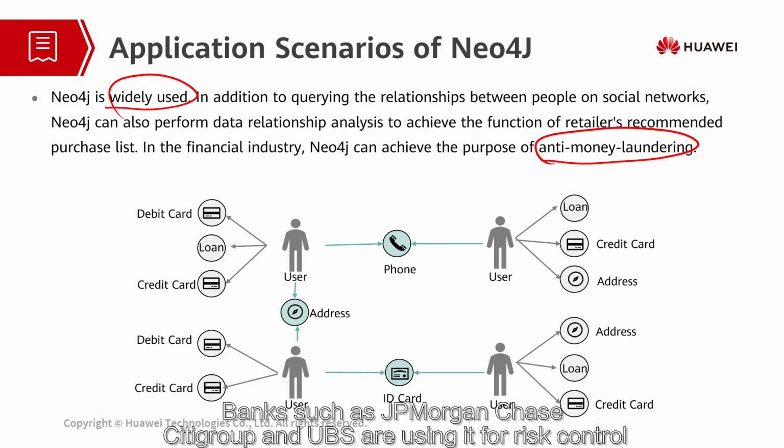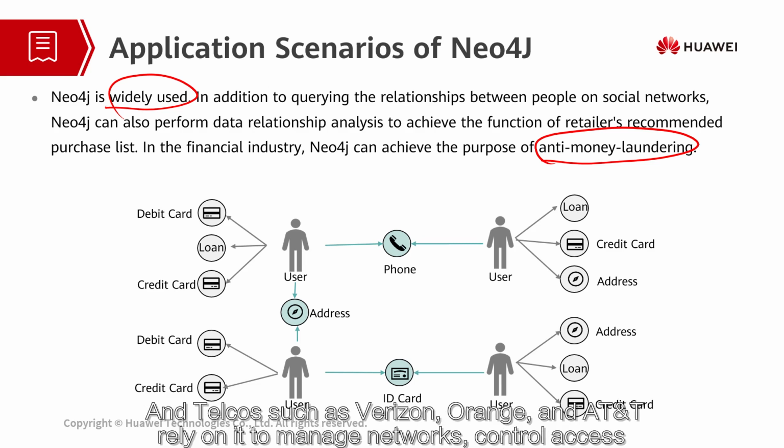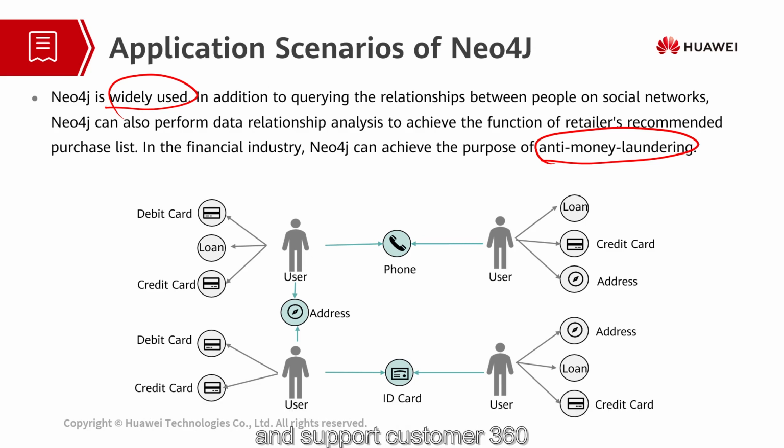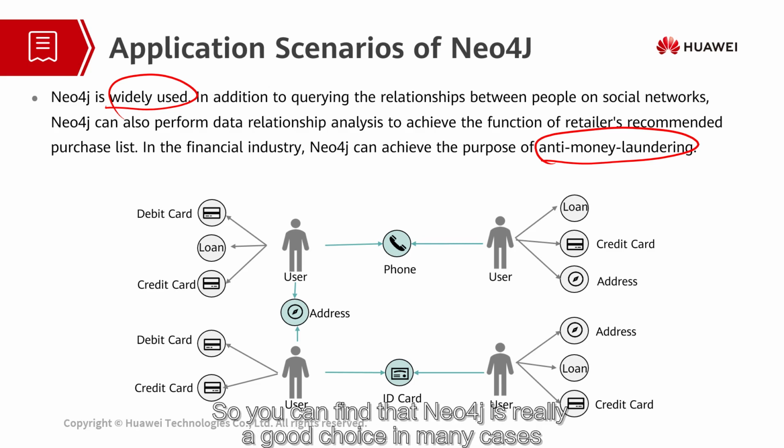Banks such as JP Morgan Chase, Citigroup, and UBS are using it for risk control. And telcos such as Verizon, Orange, and AT&T rely on it to manage networks, control access, and support customer 360. So you can find that Neo4j is really a good choice in many cases.